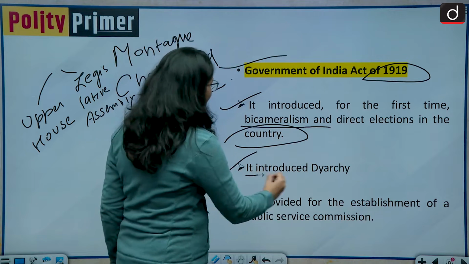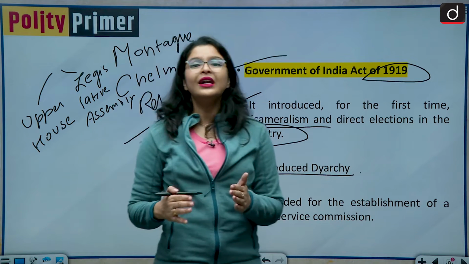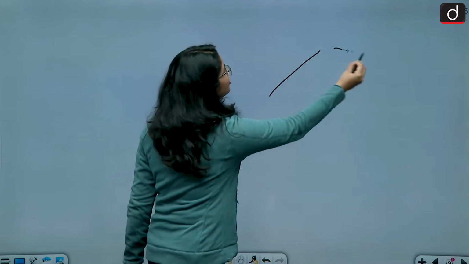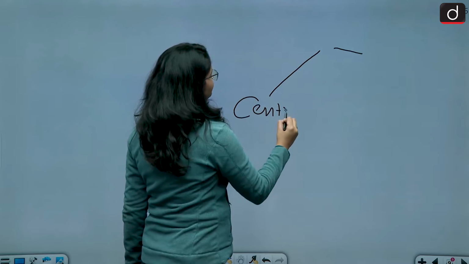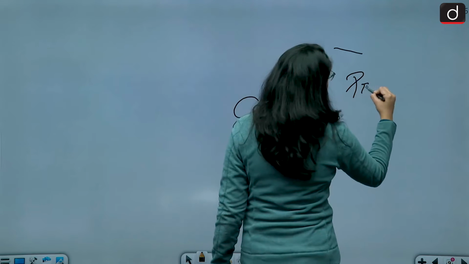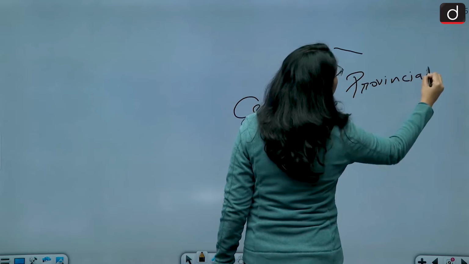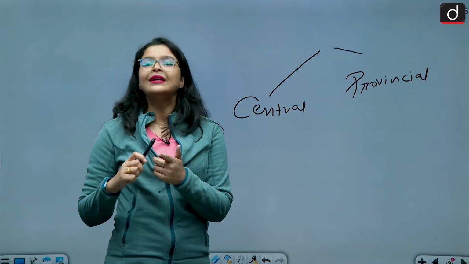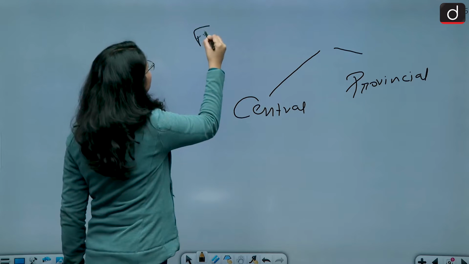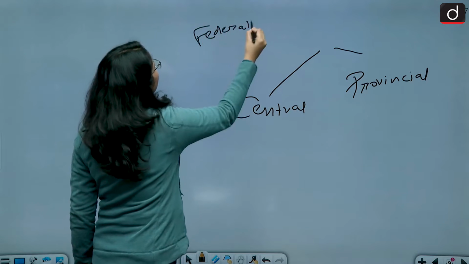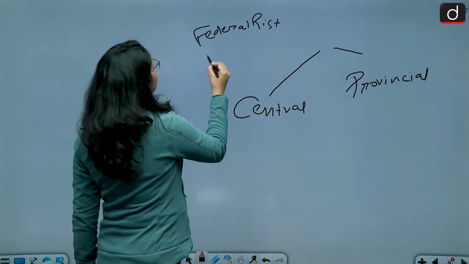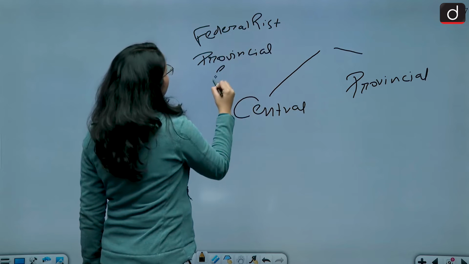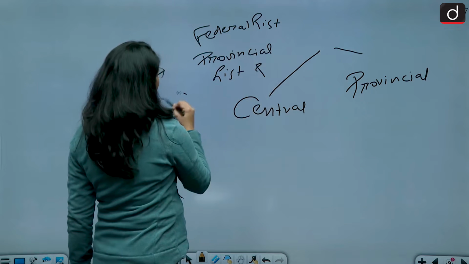It also introduced diarchy. What do we understand by diarchy? Firstly, it divided the subjects into central subjects and provincial subjects, like the three lists as you know: the federal list, the provincial list, and the concurrent list.